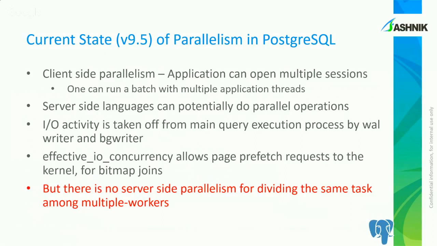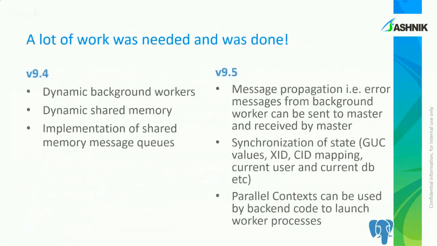Though I would say that there is a lot of infrastructure for parallelism which already exists now in 9.5, and that is what I'm going to talk about on my next slide. Basically, there was a lot of work which was required to be done, as the PostgreSQL architecture did not allow creation of background worker processes dynamically, allocation of shared memory dynamically, or implementation of message queues.